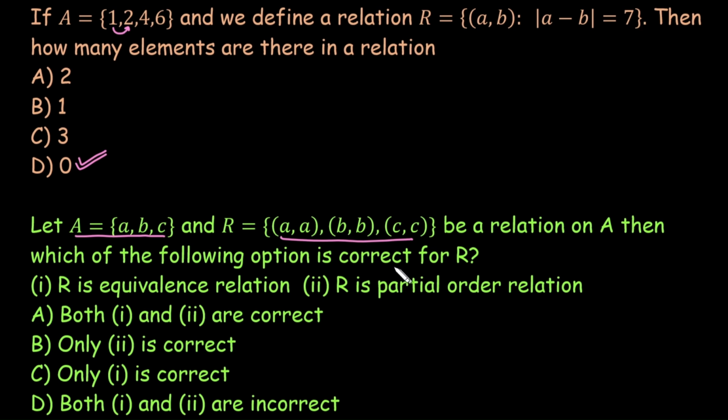Which of the following options is correct for R? Is R an equivalence relation? Yes, because it is reflexive, symmetric, and transitive. Is R a partial order relation? Yes, because the relation is reflexive, antisymmetric, and transitive. It means option A is correct.